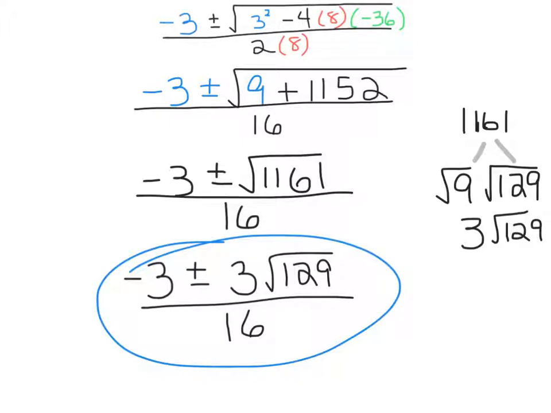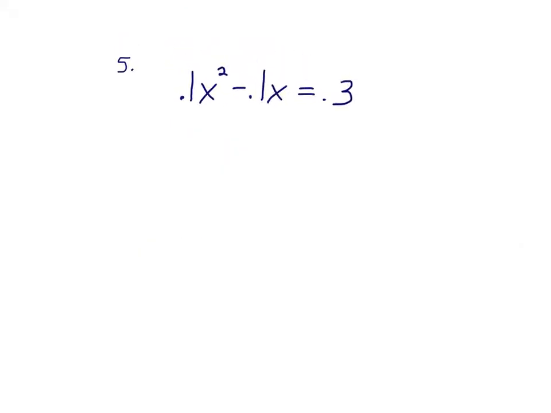And then our last example has decimals. And again, I'm going to clear the decimals. You can use the decimals in the quadratic formula, but I just like to clear it. So in example 5, notice I have 1/10 x squared minus 1/10 x equals 3/10. So first thing I'm going to do is put it in standard form.